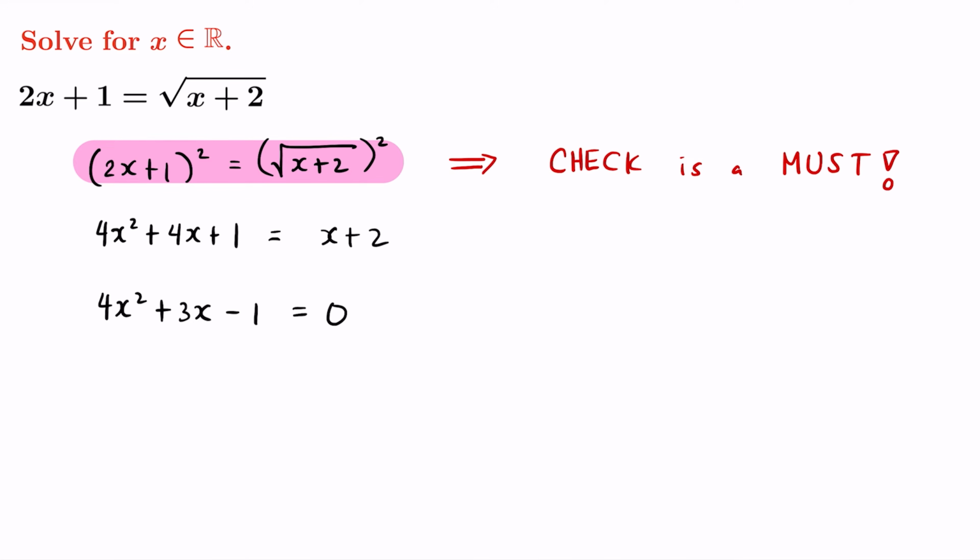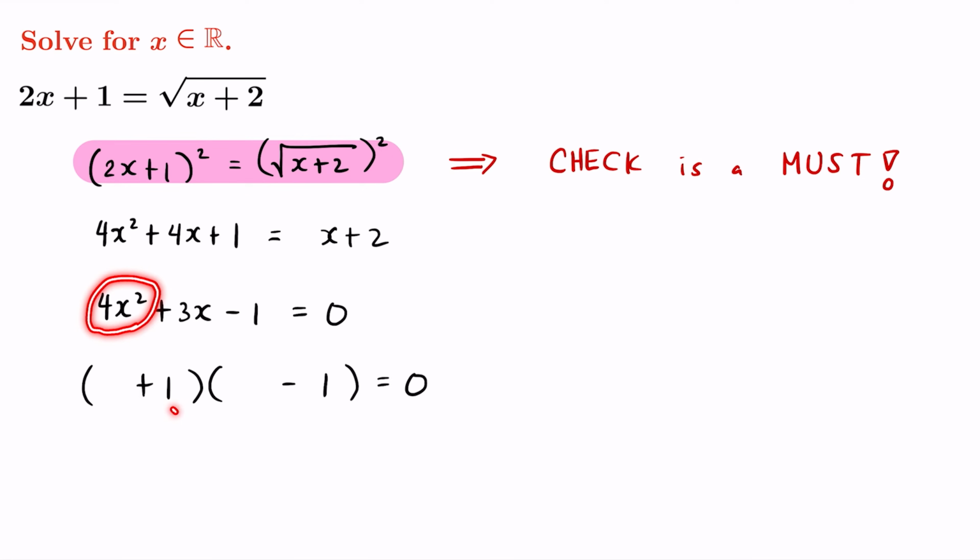So let's see whether this left-hand side is factorable or not. It seems that this constant term is easy to factor. There's only one combination, plus 1 and minus 1. Now let's look at the factors of this 4x squared.